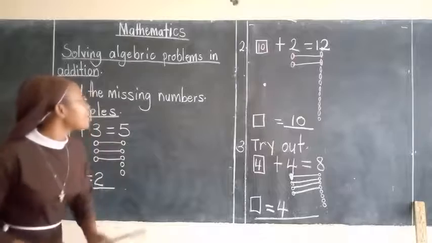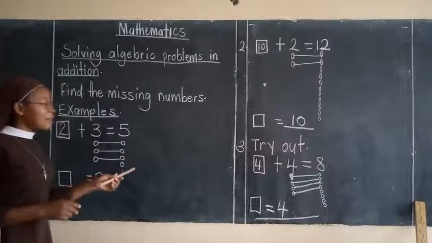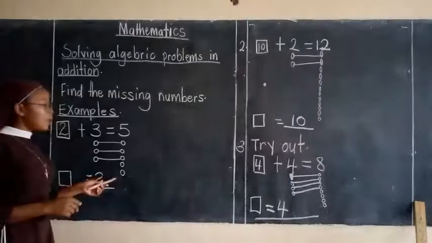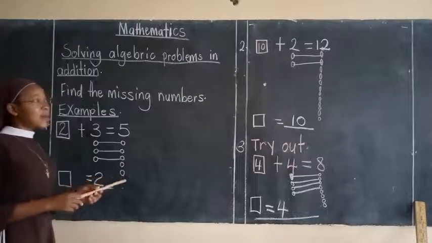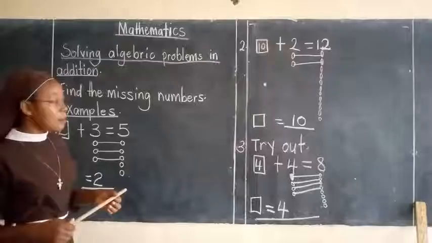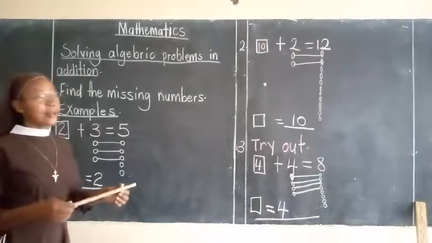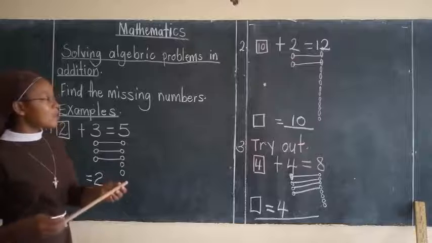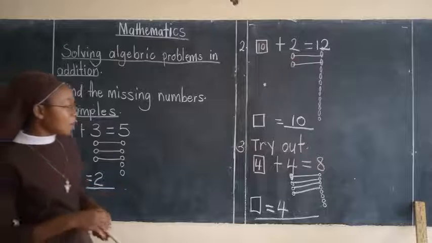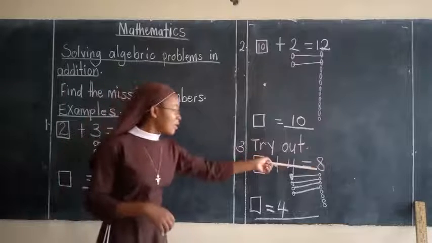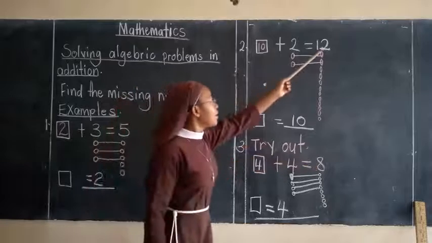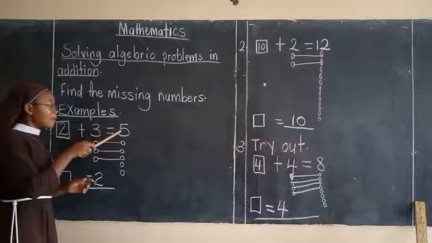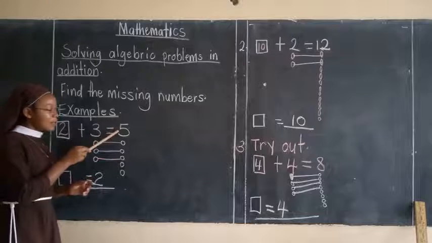That's how we simply find the missing number when we are dealing with addition. We subtract the small number from the big number, and usually the big number is given to us after the equal sign.